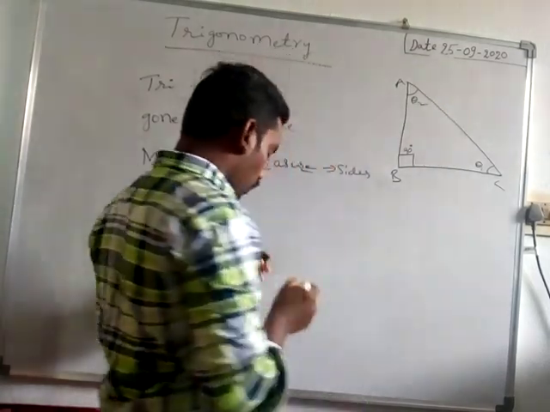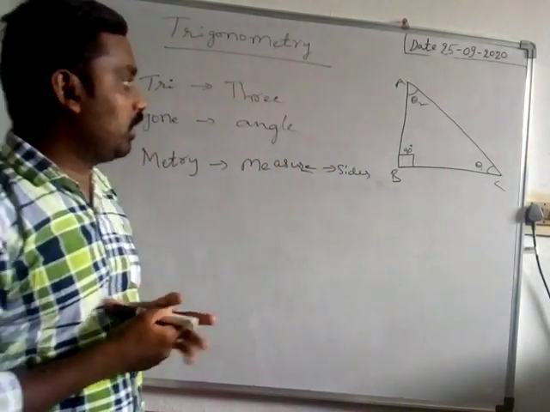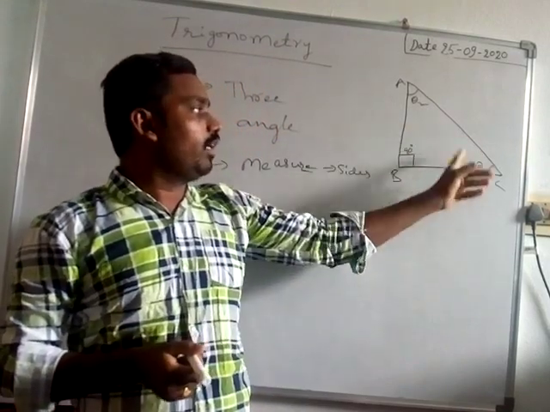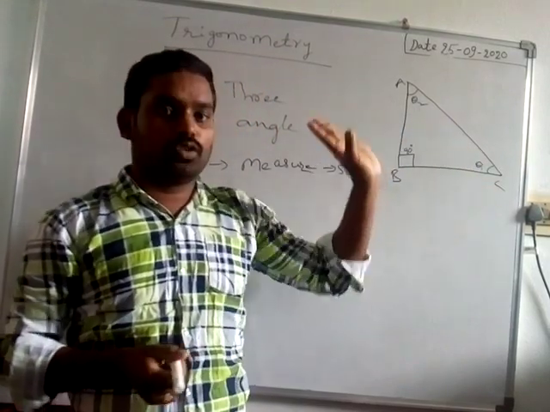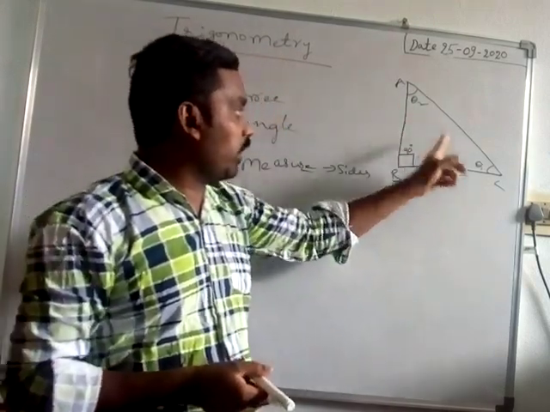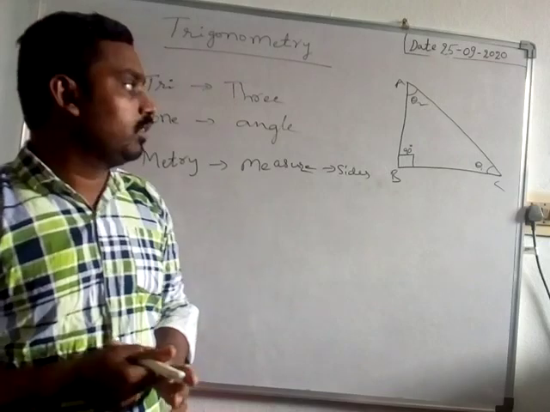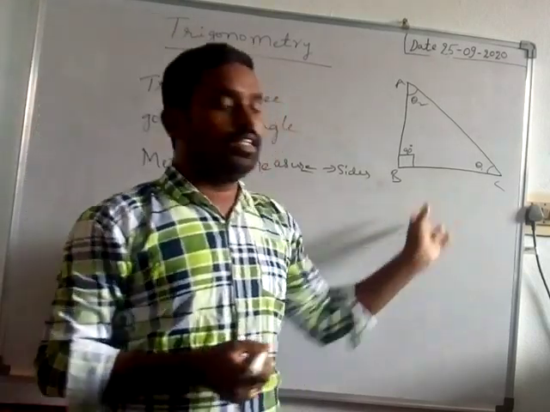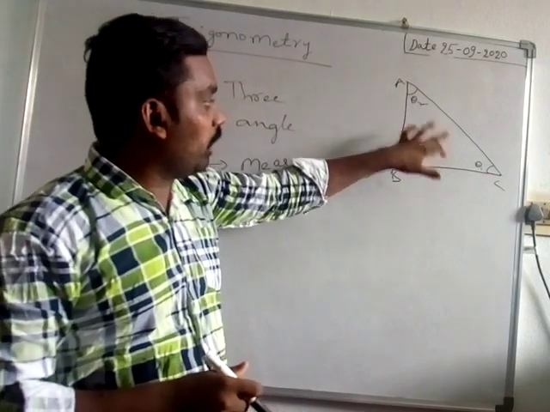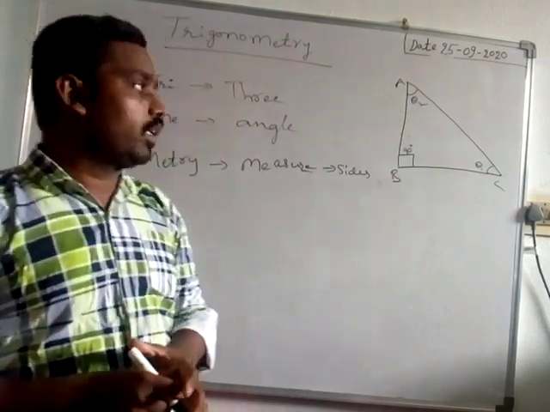The sum of the three angles is always equal to 180 degrees. Since one angle is 90 degrees, the sum of the remaining two angles should be 90 degrees. These two angles are acute angles. Acute means the angle lies between 0 and 90 degrees. This theta 1 and theta 2 are acute angles.